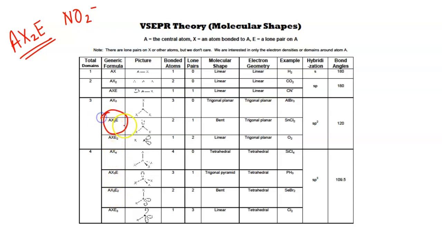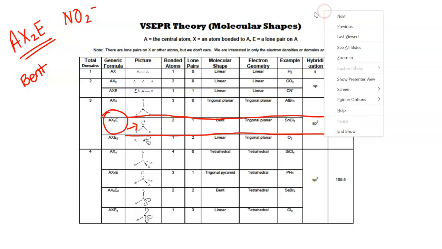AX2E. See, sometimes you just have to look. Everything you want to know about it is all in between these lines right here. So if we find it on the chart, then we automatically know the shape we're drawing is right here. We know that it is a bent molecule. That means it is not going to be linear.